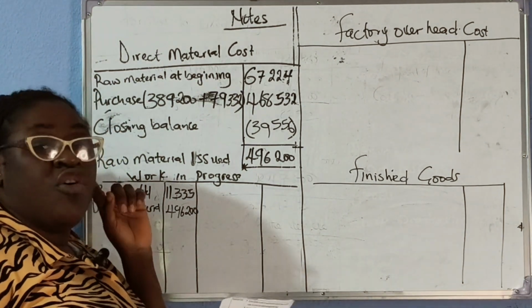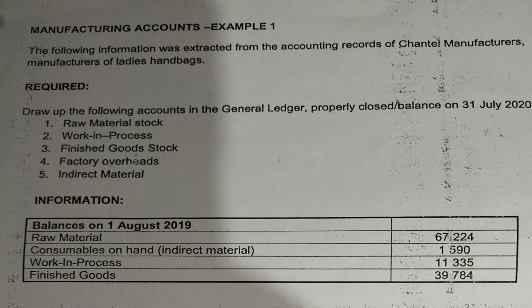Right now we need to move on to the factory overhead expenses. Like I told you, factory overhead expenses has to do with every other cost apart from direct material and direct labor.